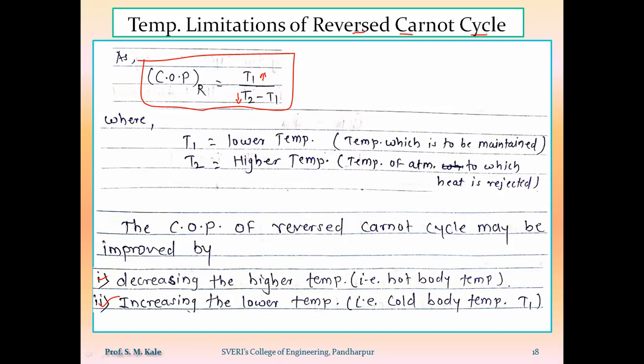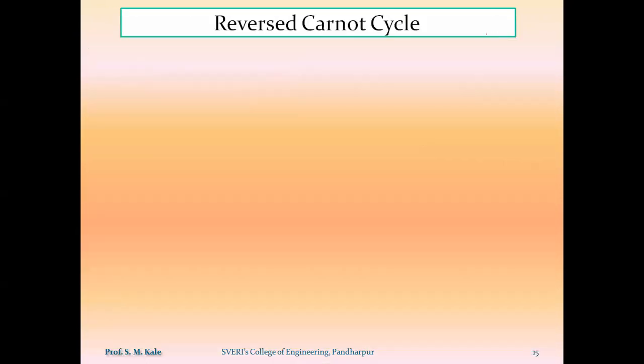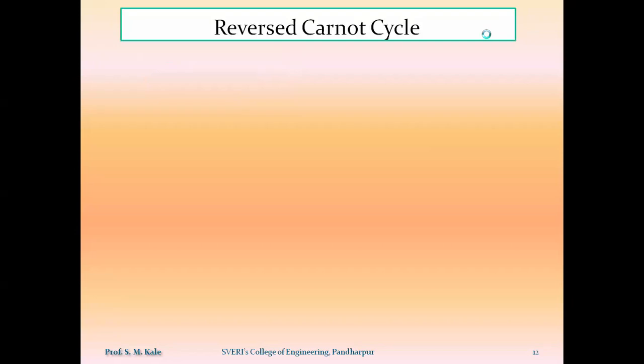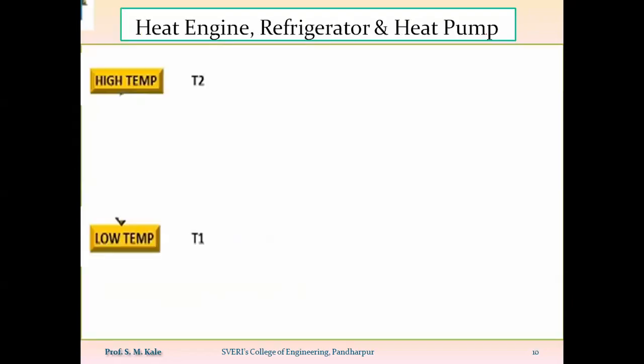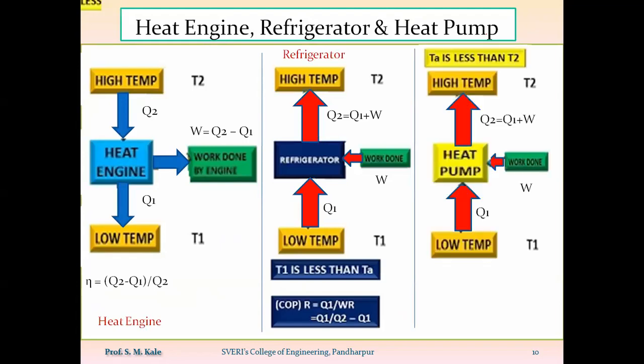As in the case of the Carnot cycle for a heat engine, though it has the highest possible efficiency, we were not using it in actual practice because of some practical limitations. In the same fashion, the reverse Carnot cycle also has some practical limitations. What are those practical limitations?